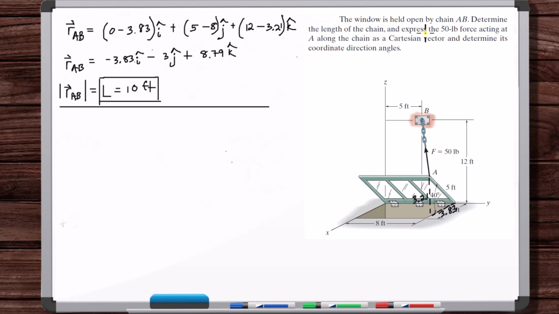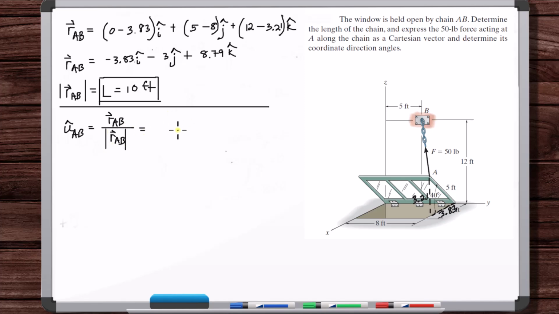So now we need to express this force as a vector. So we need a unit vector in the direction of the chain. We've got this position vector in the direction of the chain and of the force. So what is the unit vector in that direction? So u hat AB is equal to the position vector in that direction divided by the magnitude of the vector.